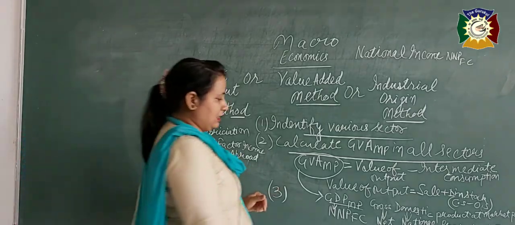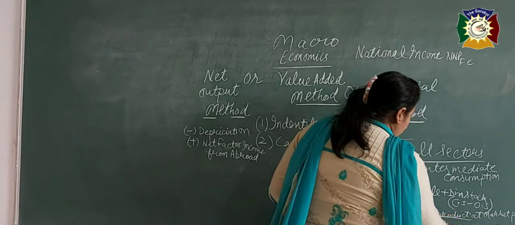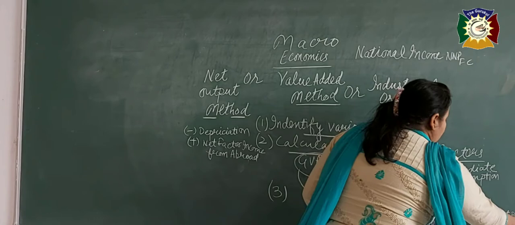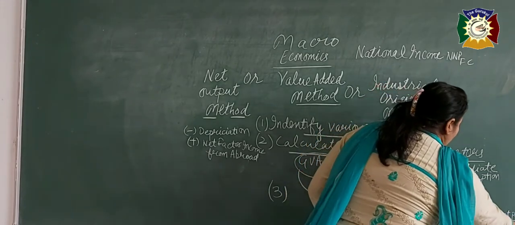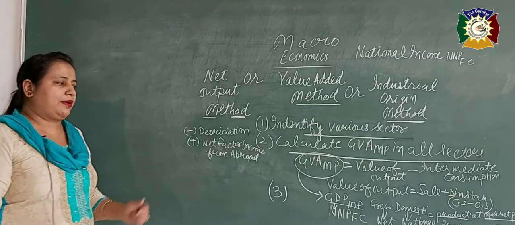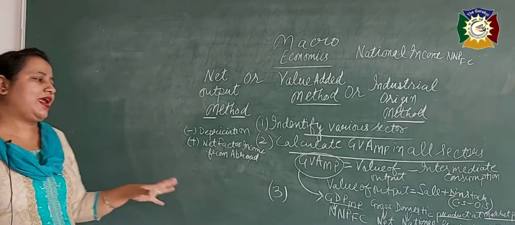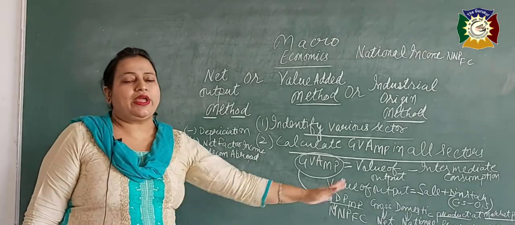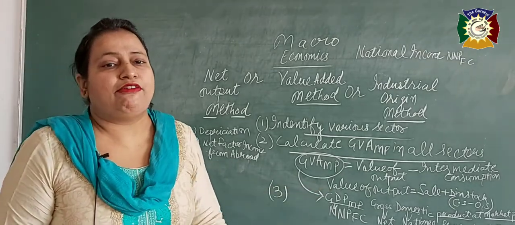Next is product. Product is the same, final value of goods and services, market price to factor cost. Market price means it already includes net indirect taxes, and you are going to factor cost.